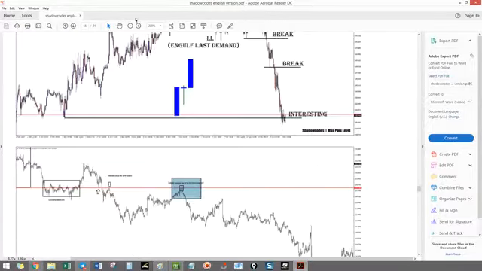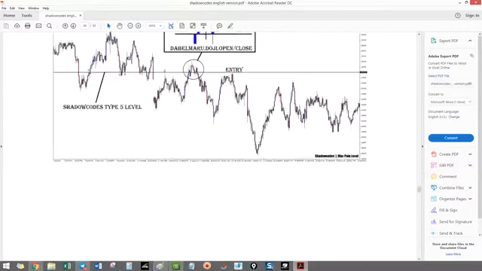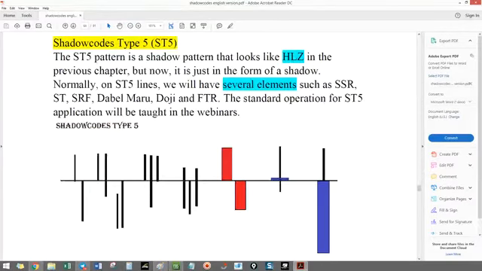Okay, so let's go into more detail about ST5.